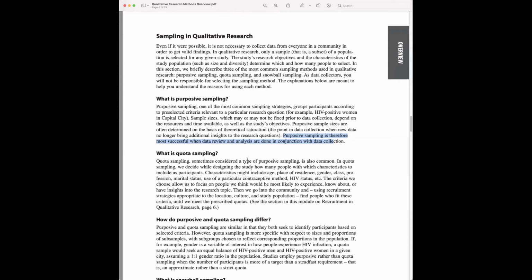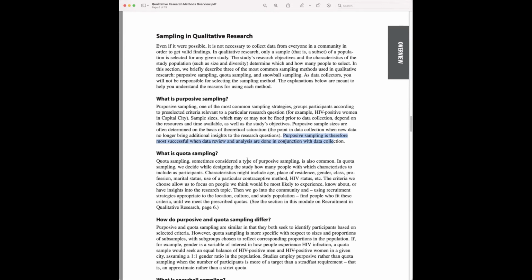So by my purposive sampling, I've selected only 4 of the groups who are here. The other 2 groups, I never captured them because of the way I did my sampling strategy. So I may have to be reviewing it. And as I'm reviewing, I may find out the other 2 groups are missing, and then I may end up selecting them. So with purposive sampling, you select criteria and use the criteria to choose your study participants.